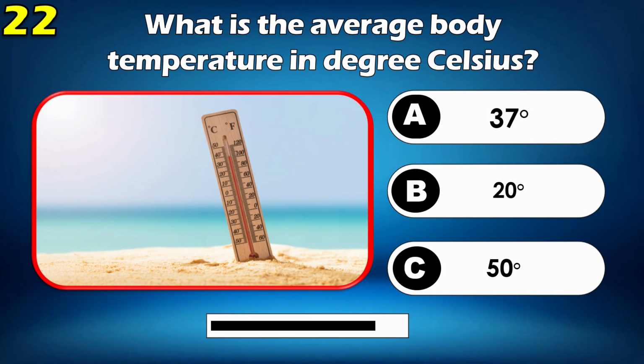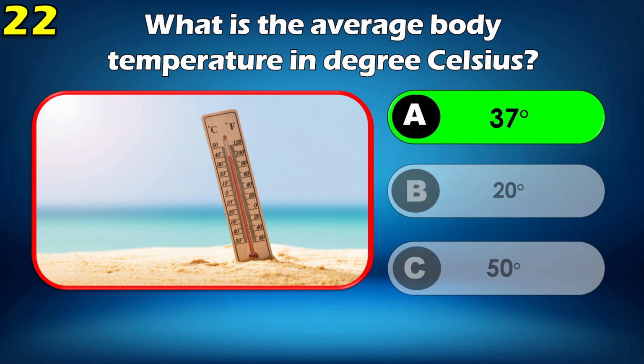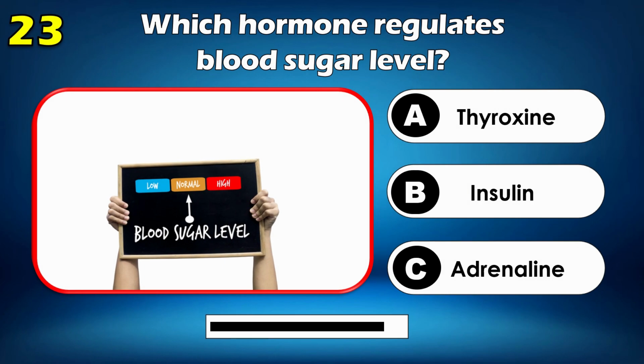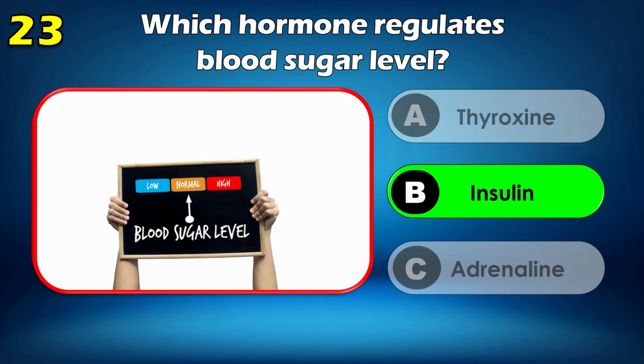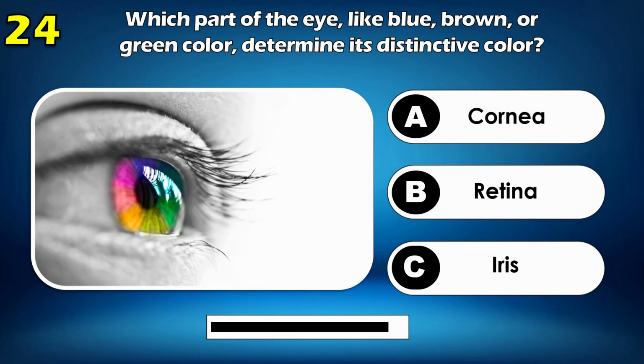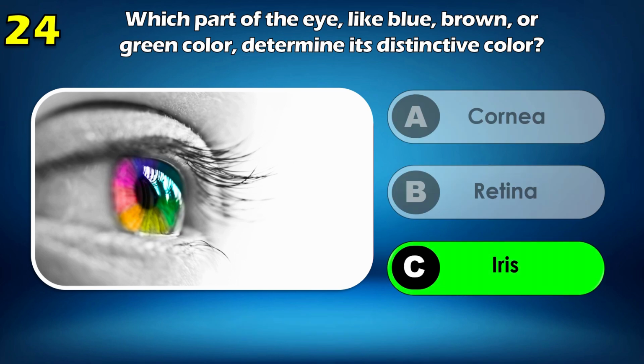What is the average body temperature in degrees Celsius? 37 degrees. Which hormone regulates blood sugar level? Insulin. Which part of the eye, like blue, brown, or green color, determines its distinctive color? Iris.